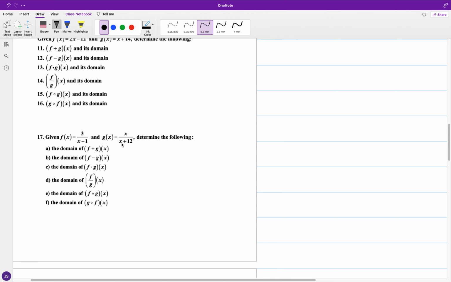So in this problem, we looked at the domain of the sum, difference, product, and quotient functions.